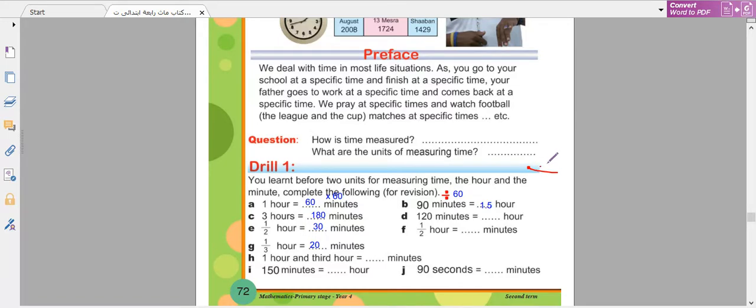So 90 divided by 60, we can cross out the two zeros together, and if we want to use the ordinal way, 9 divided by 6 equals 1, 1 times 6 equals 6, minus, 3.